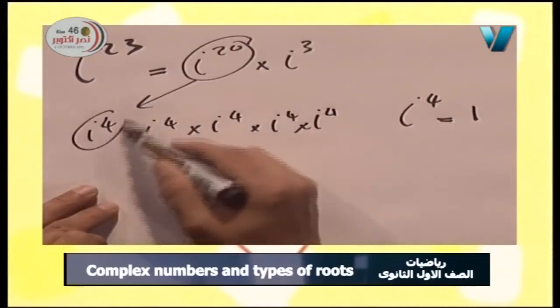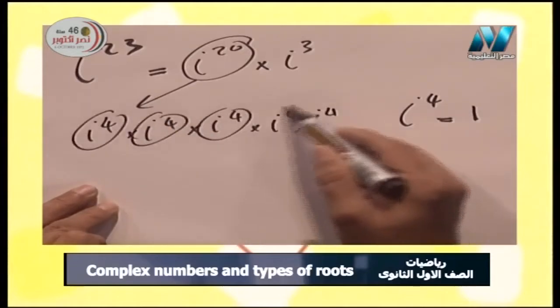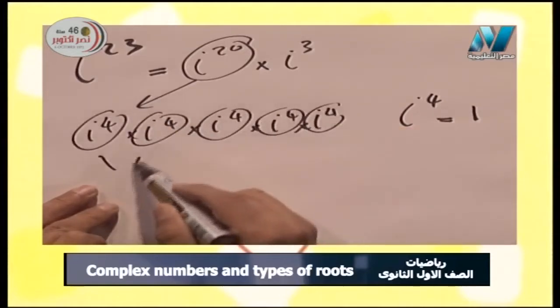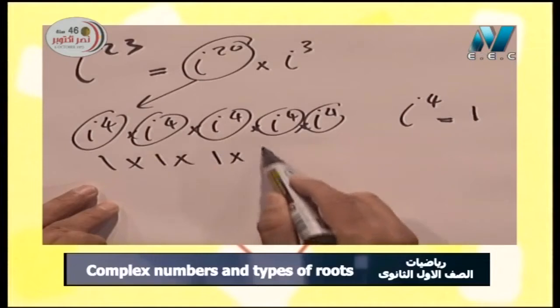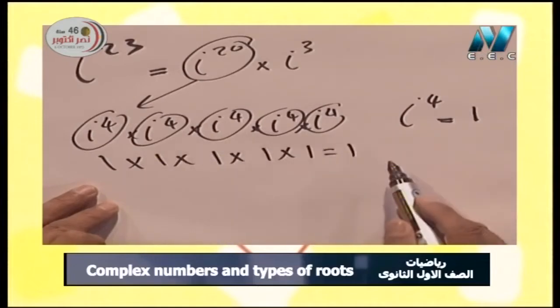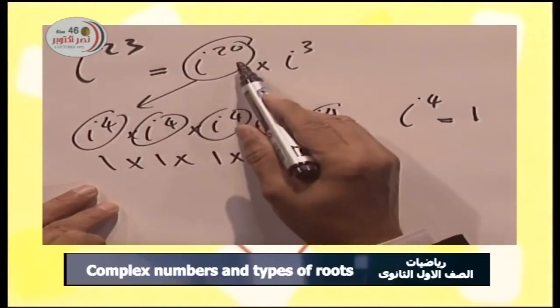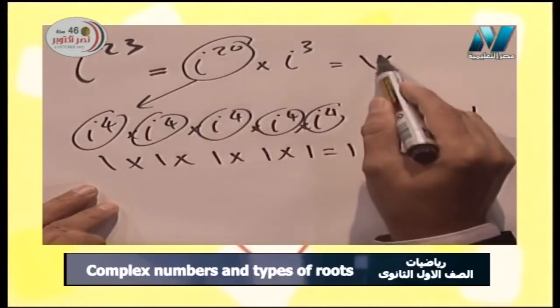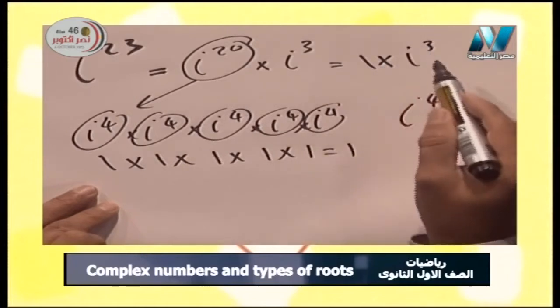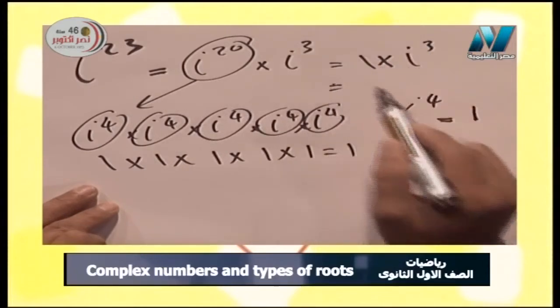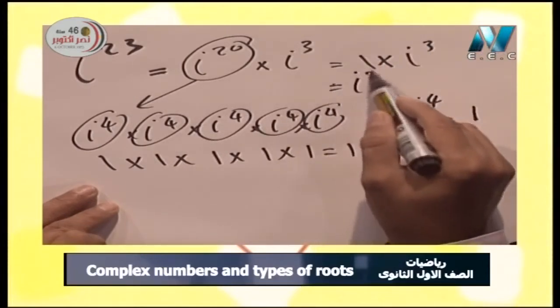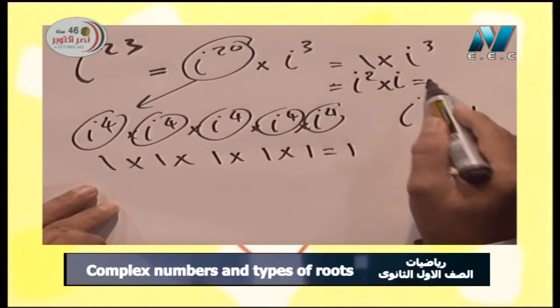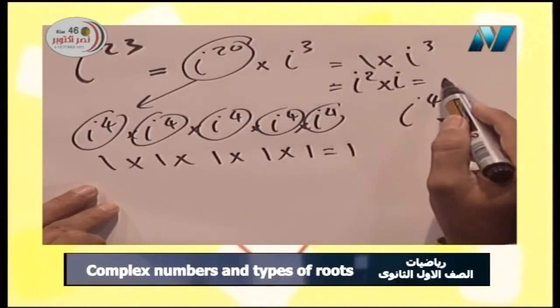All of them are ones. 1 times 1 times 1 times 1 times 1 equals 1. So i power 20 equals 1 multiplied by i power 3, and i power 3 equals i power 2 times i, so it equals negative i.